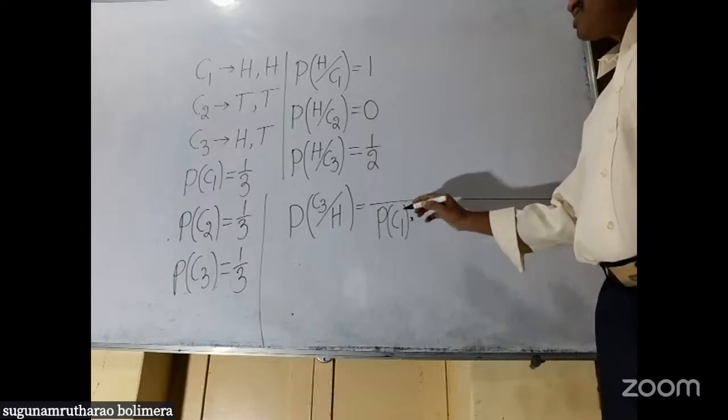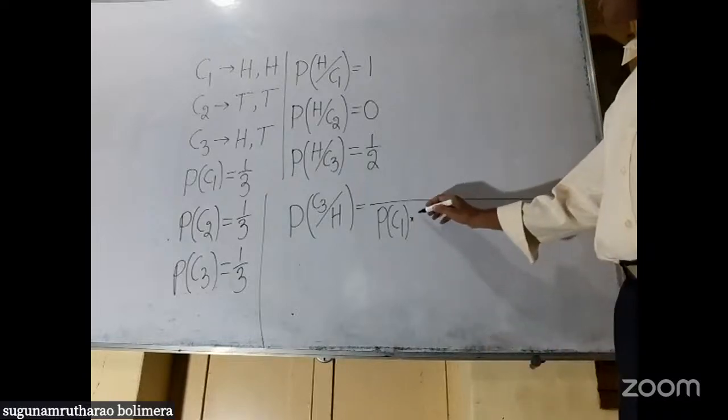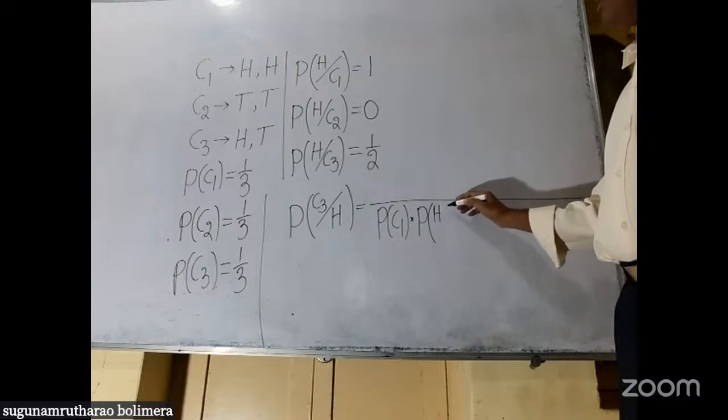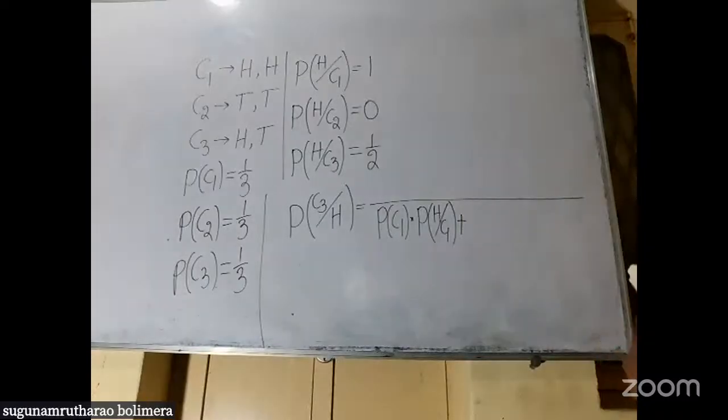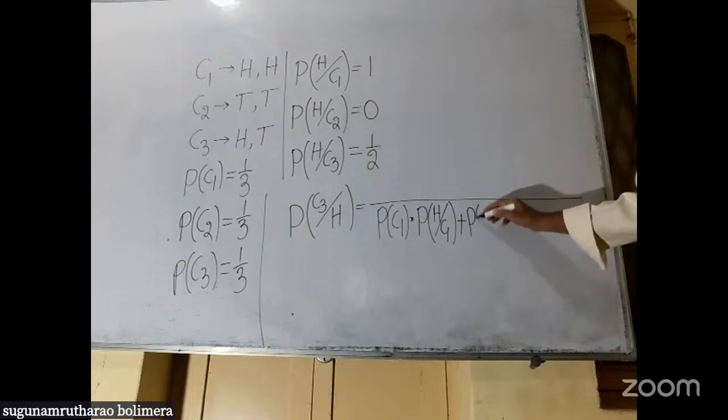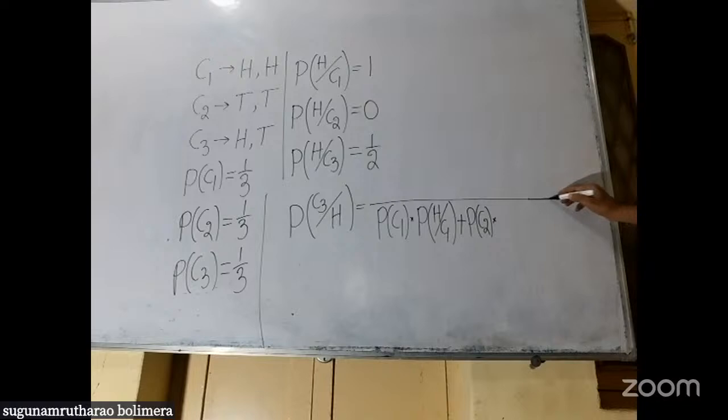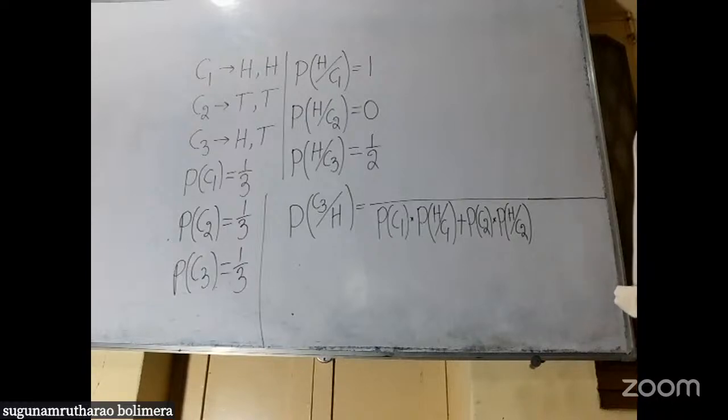You may take a coin first, C1, and means multiplication, and the probability of getting head from C1, or, where or means plus, the probability of taking the second point and the probability of getting head from C2, or plus, the probability of getting C3 and the probability of getting head from C3.